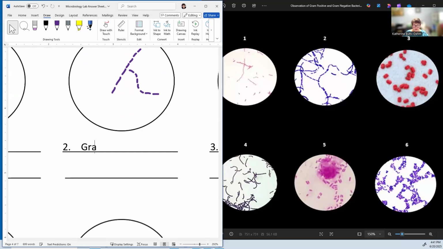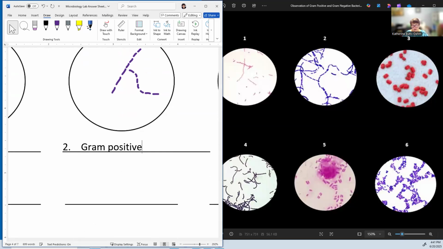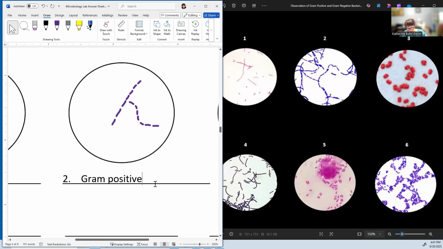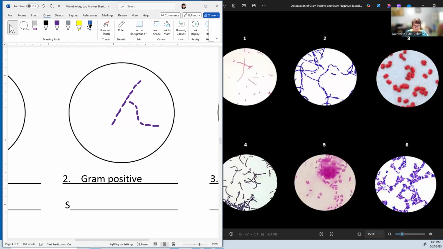And then we also know that by the shape, it's going to be chains. So that's strepto. I get nervous when I'm videoing, so everything I do is a mess when I video.